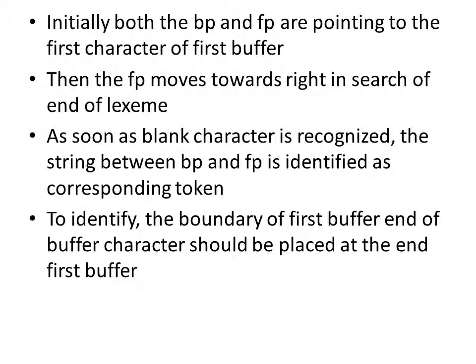Initially, both the forward pointer and backward pointer point to the first character of the first buffer. Then the forward pointer moves towards the right in search of the end of the token. As soon as a blank, that is white space, is recognized, the string between the back pointer and forward pointer is identified as the corresponding token. To identify the boundary of the first buffer, an end of buffer character should be placed at the end of the first buffer.